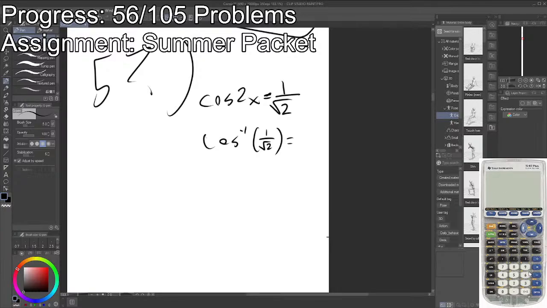Oh man, I erased all of it. How to change form of number to radian on TI-84. I don't know if this is what I want. Mode. Maybe actually.